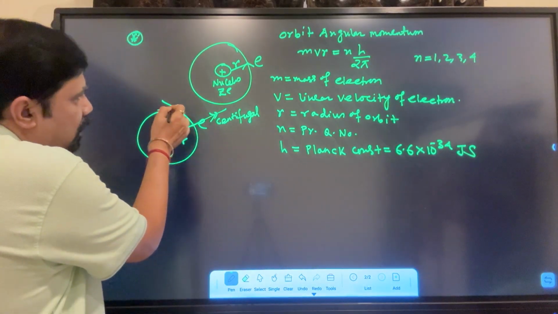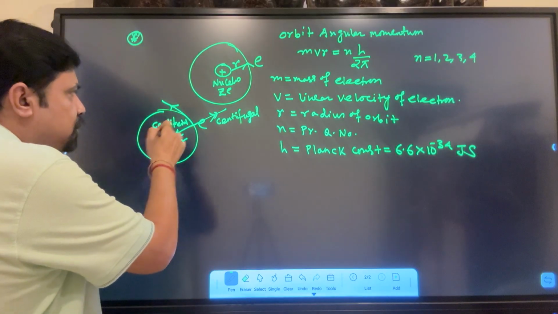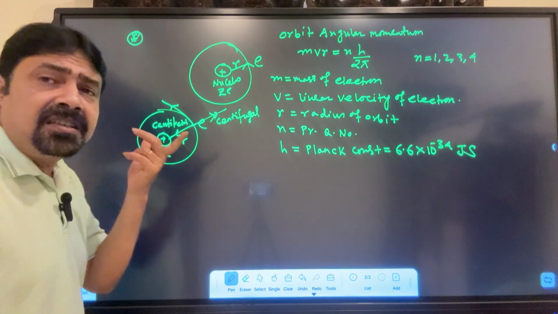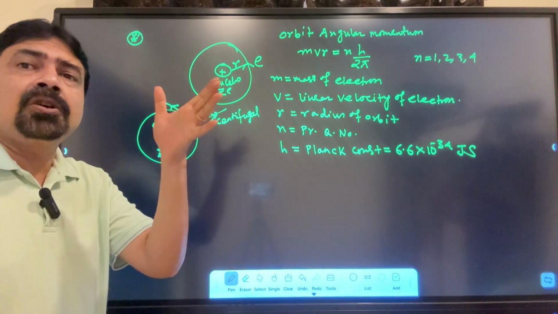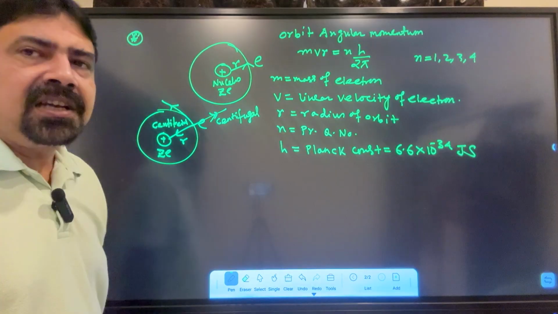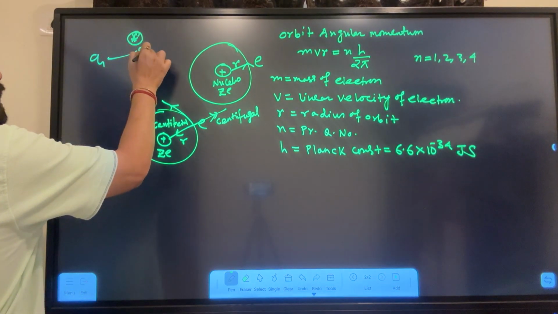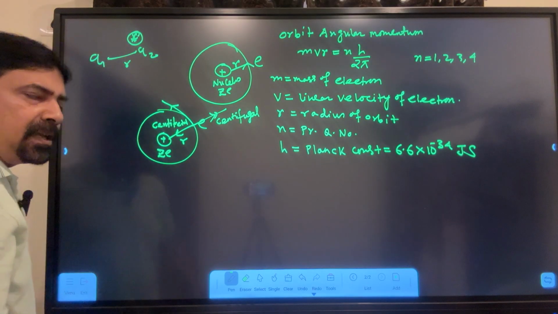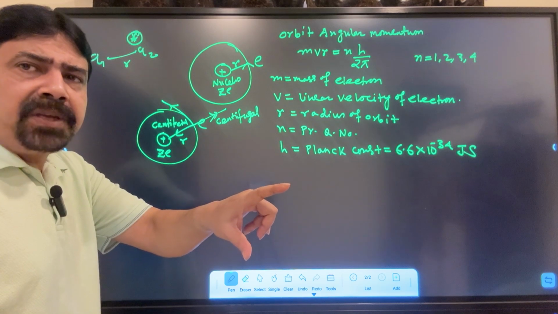Now if you look over here, the electron is moving in a circular path. The centripetal and centrifugal forces are balancing each other. Centripetal is nothing but the electrostatic force of attraction, which is explained by Coulomb's law. Everybody knows this. If there are two charges, Q1 and Q2, separated by r, then if the charges are the same there will be repulsion, and if they are opposite there will be attraction.